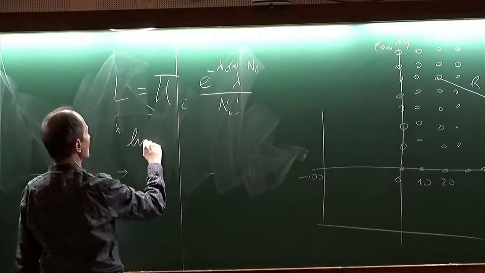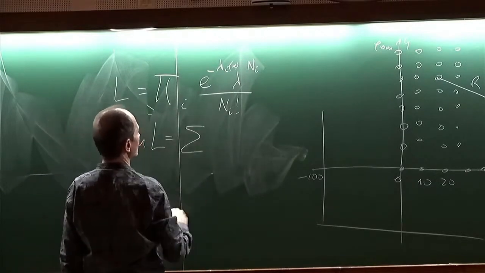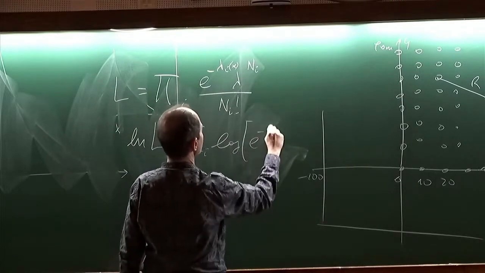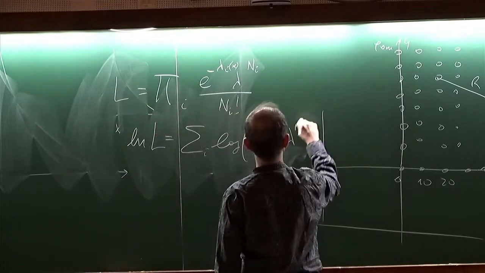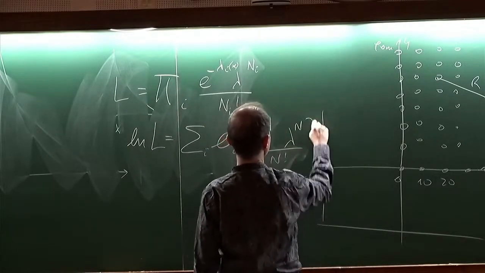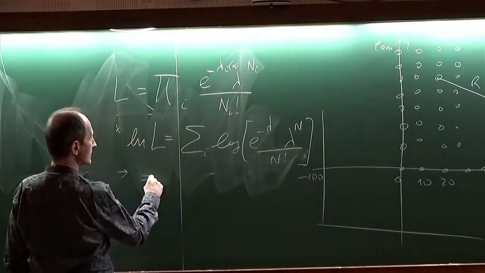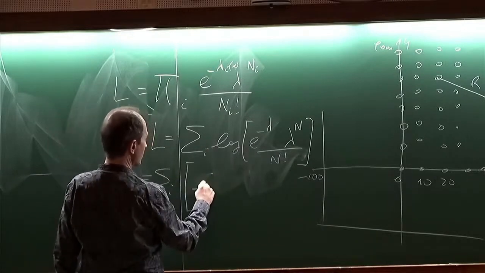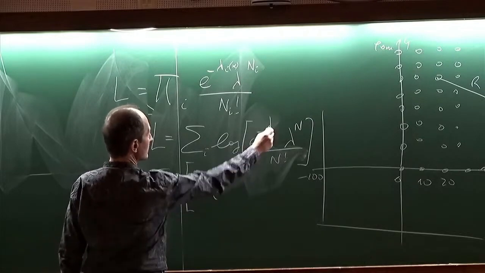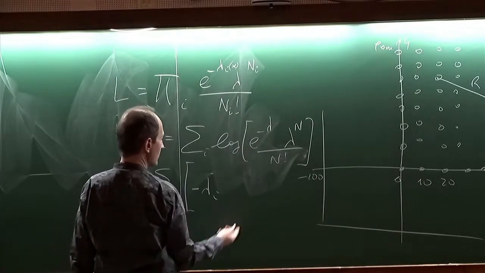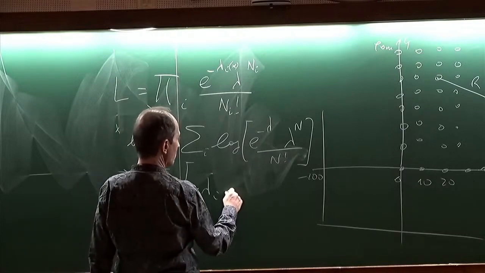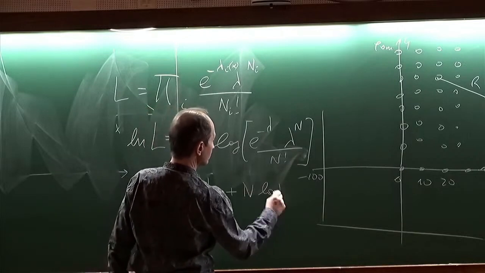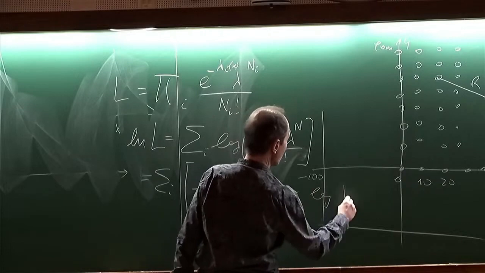So the logarithm of the likelihood is a sum of logarithms of e to the minus lambda times lambda to the n divided by n factorial. And so this becomes a sum of minus lambda_i, because taking the log of e to the minus lambda gives minus lambda, plus n times the logarithm of lambda, minus the logarithm of n factorial.